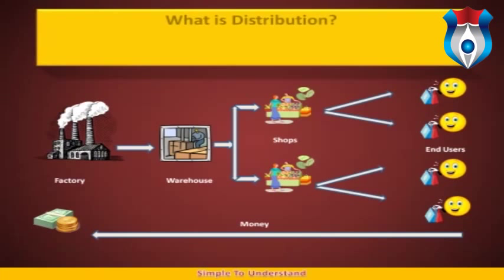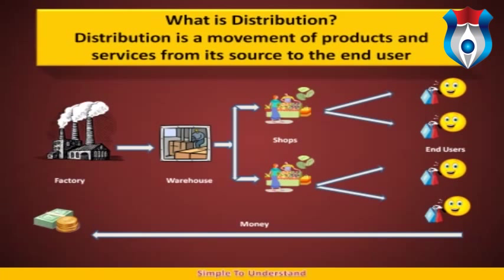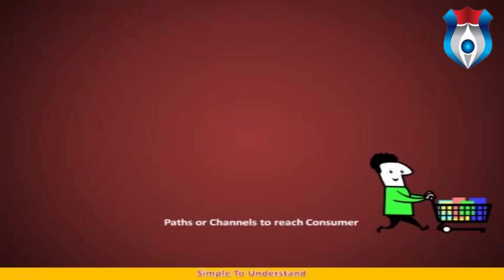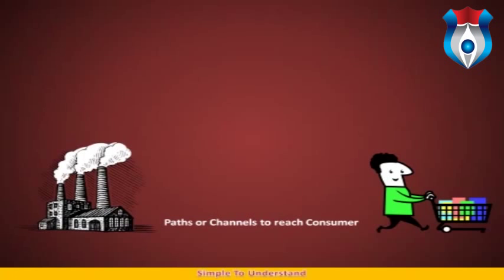So once again, what is distribution? Distribution is a movement of products and services from its source to the end user. Now let's understand this. When the products are produced in the factory, these products are taken to end user through some channels or paths.